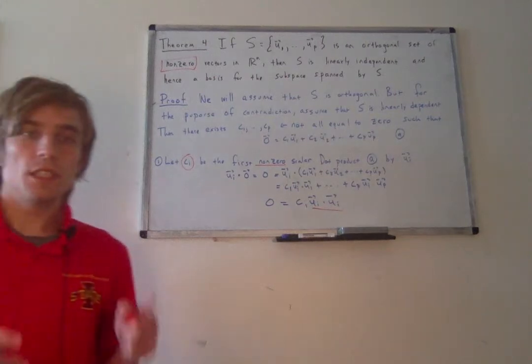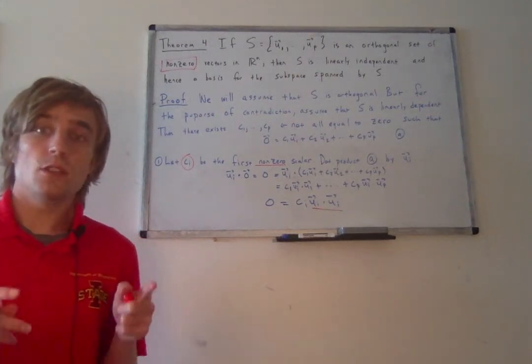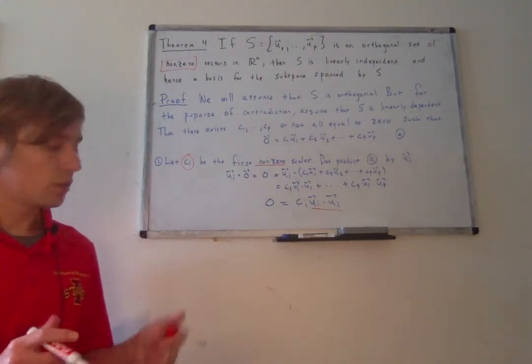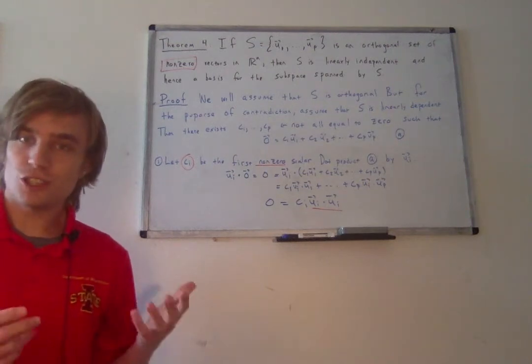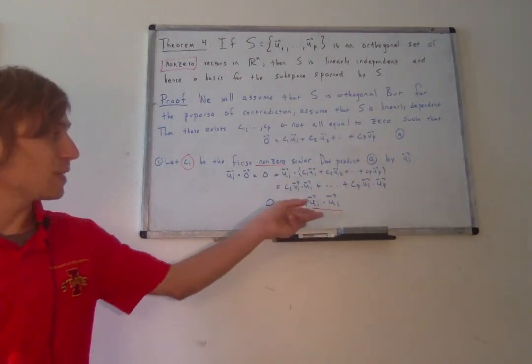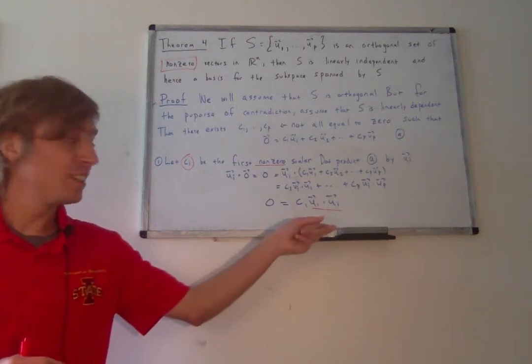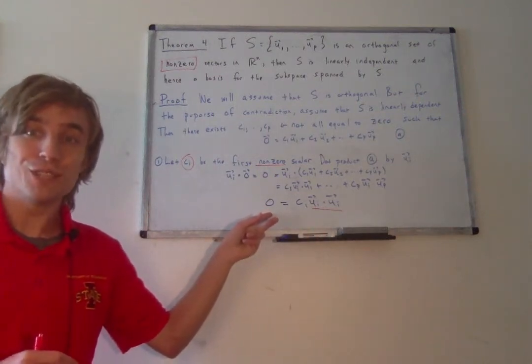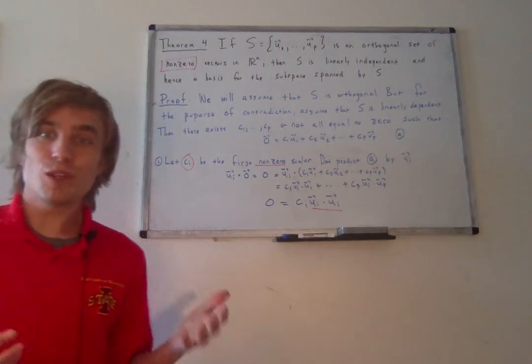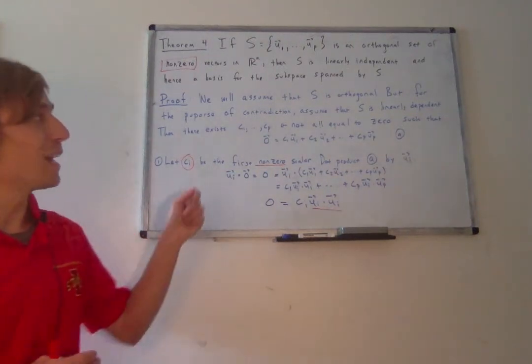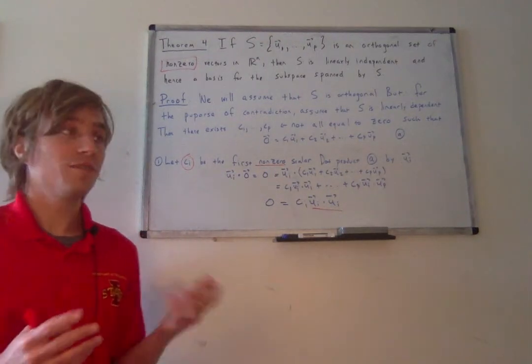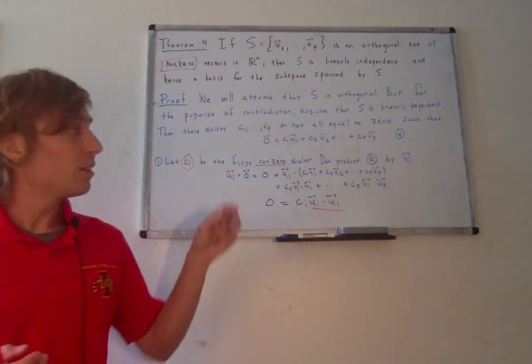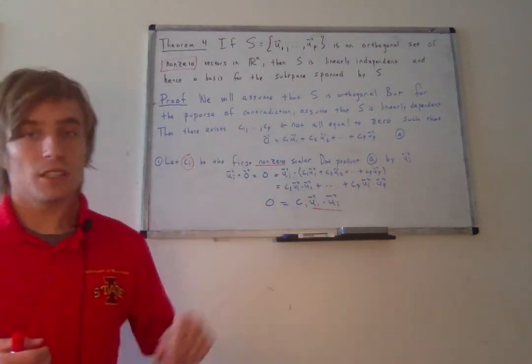And remember, the dot product of a vector with itself is only 0 if that vector is 0. So I've just managed to show that something that is definitively not 0 is equal to something that is definitively 0. And that's maybe one of the biggest contradictions you can arrive at in math, that 0 is definitely not equal to anything other than 0. And so this is a contradiction.